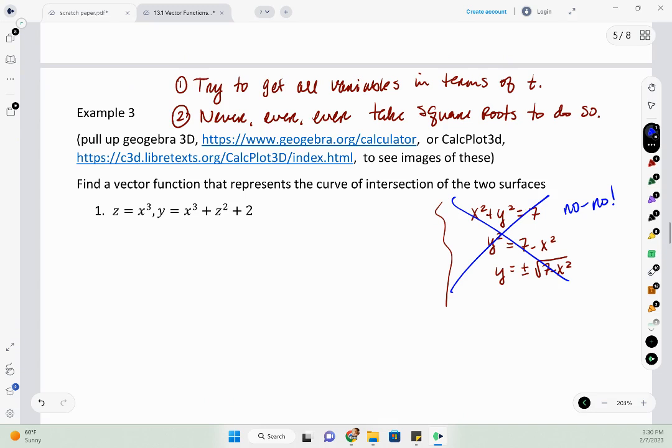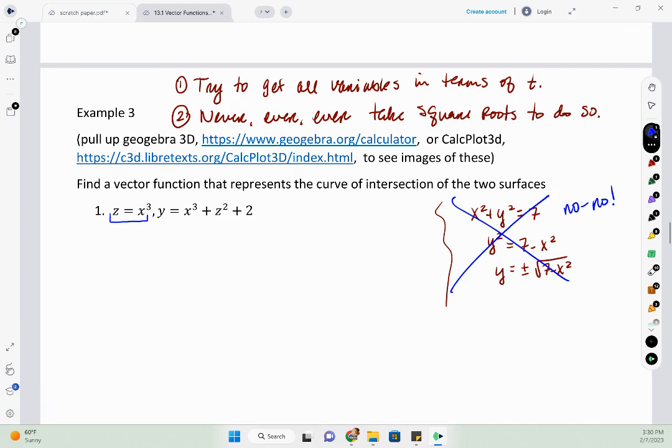Can't stress it enough. All right, here's what we can do for this problem, which wouldn't require any square roots anyway. I'm looking at this and I'm seeing that z is equal to x cubed and y is equal to x cubed plus z squared plus 2. Now, when I see z is equal to x cubed, this is an explicit function.